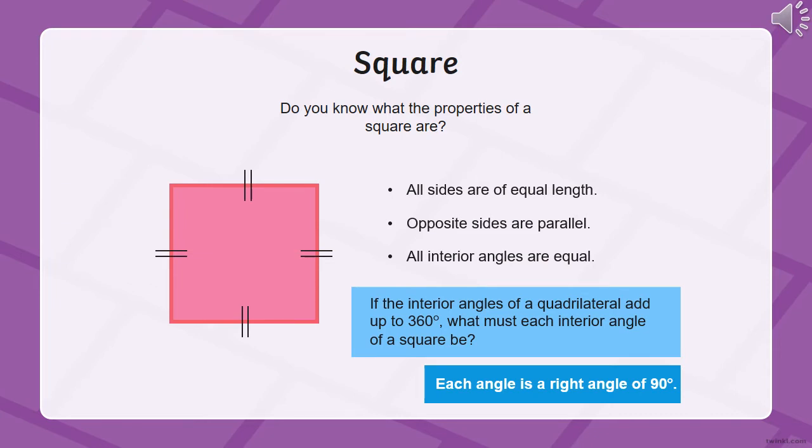But because we made that 10 times smaller, we can now make our answer 10 times bigger, making 90. So we know that each angle is 90 degrees. And we know that 90-degree angles are right angles. So all the interior angles of a square are right angles.